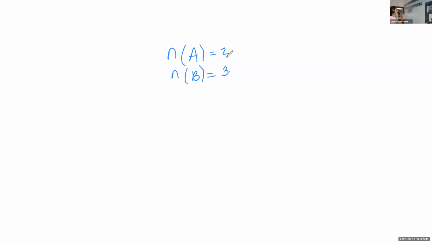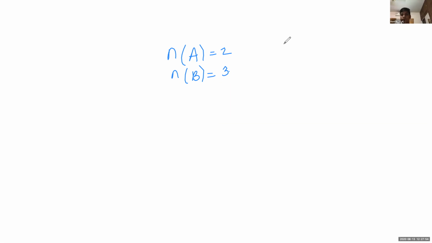What is the answer? Can you give the answer, Karthik? 2 raised to 6.